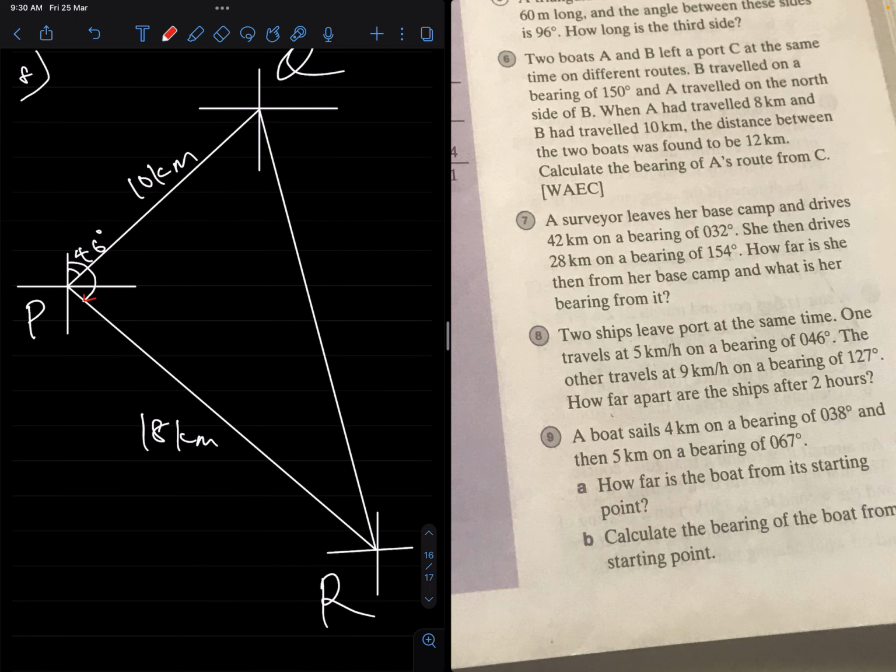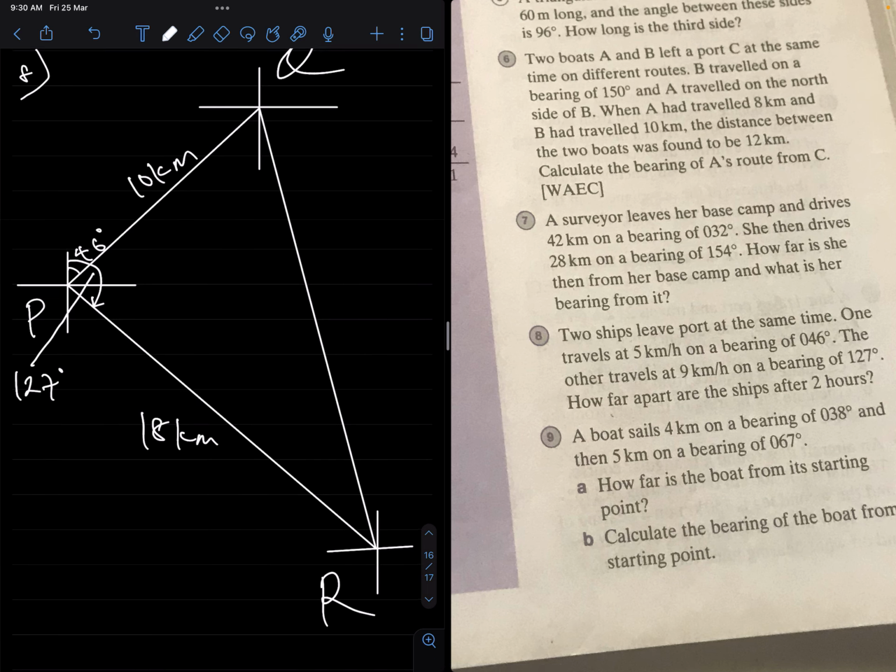So that means this angle is 127 degrees, the whole of this angle. The bearing of the second ship from the port is 127 degrees, so this angle is 127 degrees.